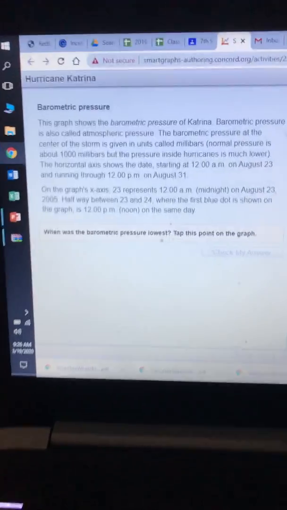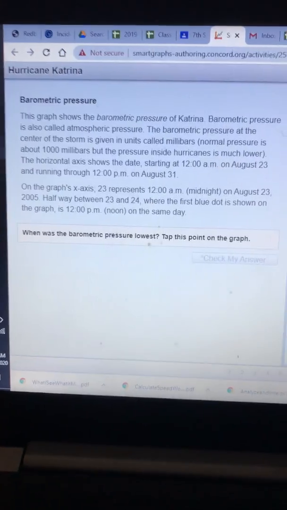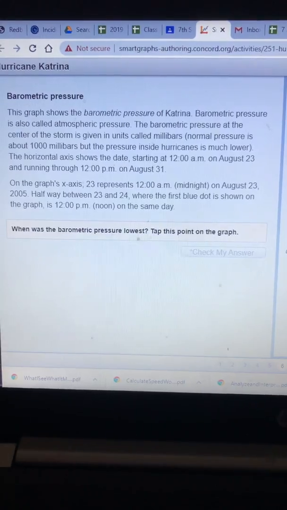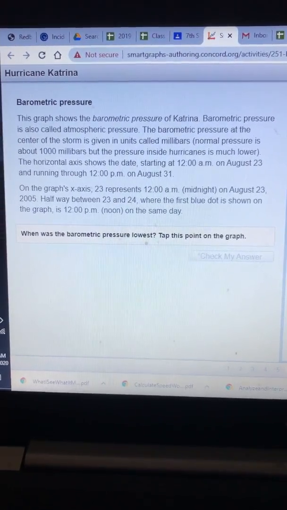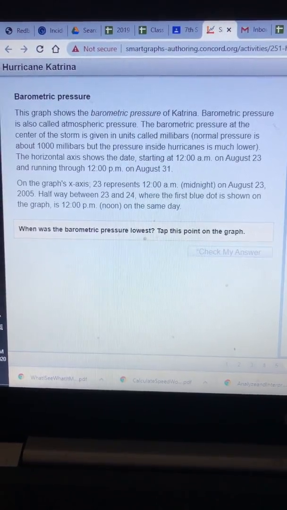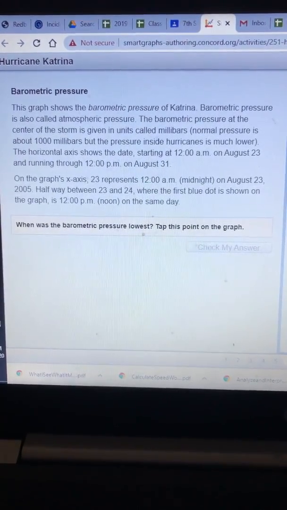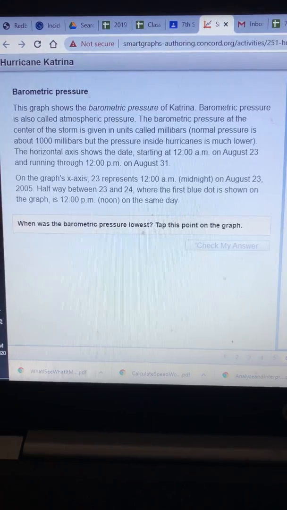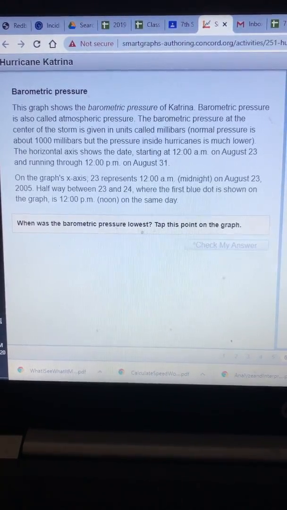Barometric pressure. This graph shows the barometric pressure of Katrina. Barometric pressure is also called atmospheric pressure. The barometric pressure at the center of the storm is given in units called millibars. Normal pressure is about 1,000 millibars, but the pressure inside hurricanes is much lower.